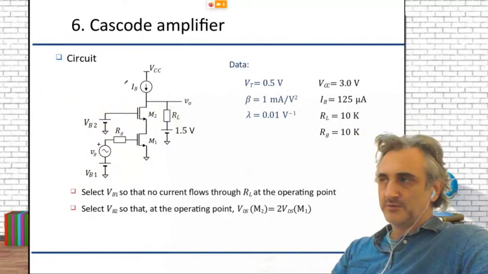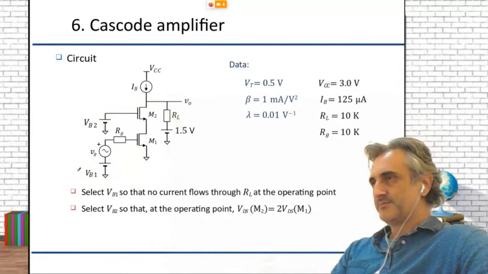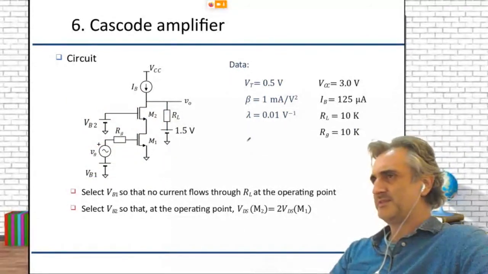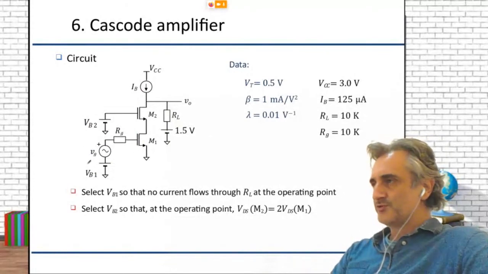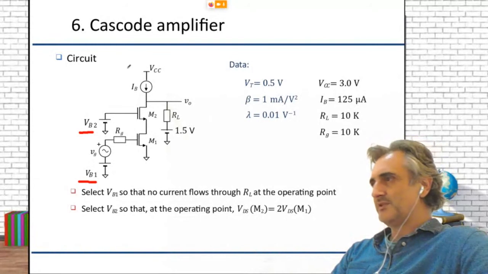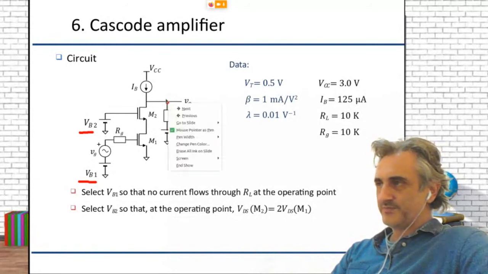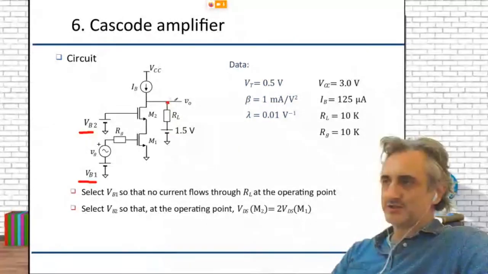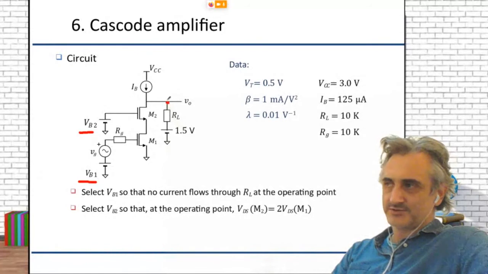So we want to design an amplifier, and we decide to use this scheme. We have all the same parameters as before, and so we have to choose the different bias voltages so that everything operates correctly. We are biasing between 3 and 0, and we wish the output voltage to be at 1.5 at the quiescent point.